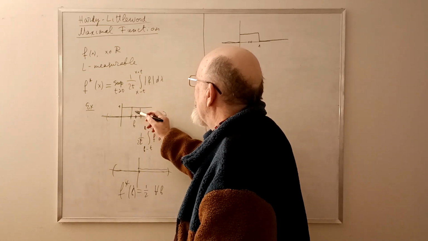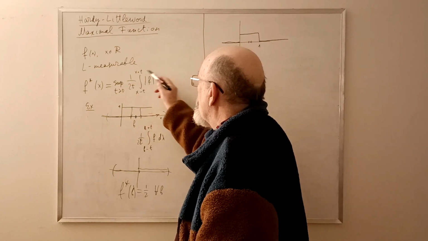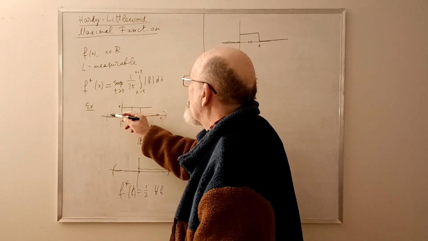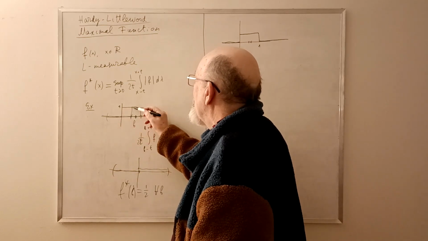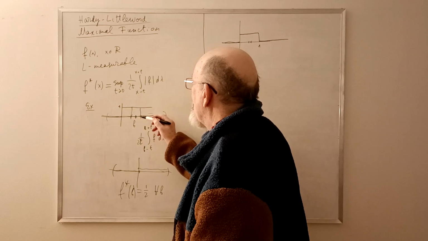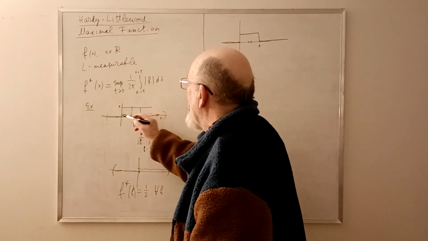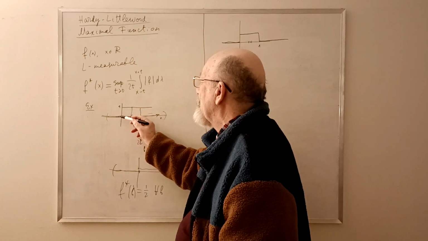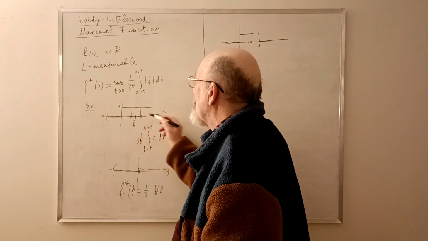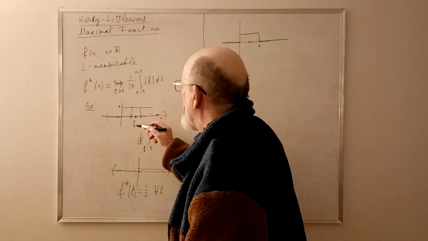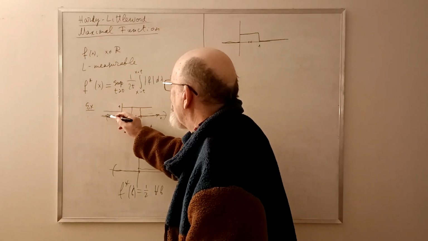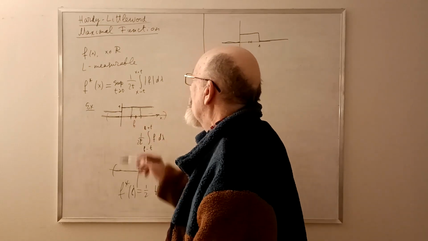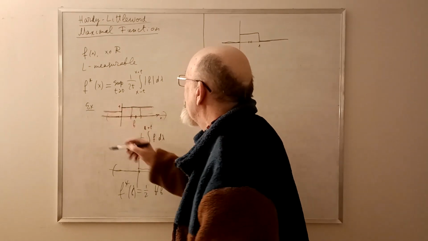So for small t, the value is 1 if b is positive. For larger t it is less than 1, so the supremum is 1. And here, this function is for small t 0, but then it grows and goes to 1/2. So this maximal function here is 0, here is 1, here is 1/2.